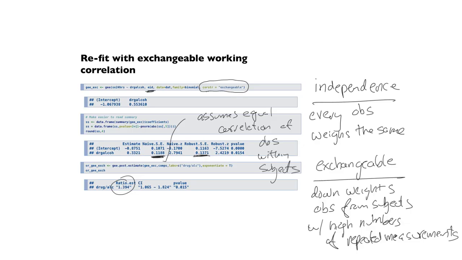So exchangeable downweights observations for subjects with high numbers of repeated observations. In the independence case, more observations means more weight, and the relative weight will be proportional.